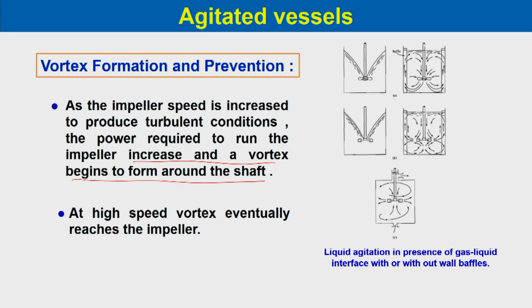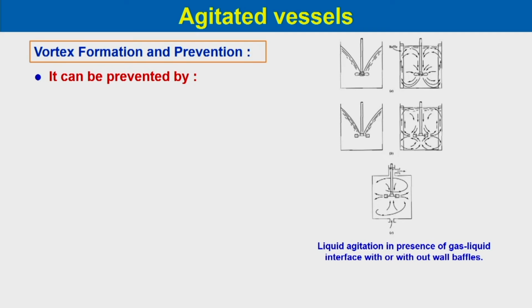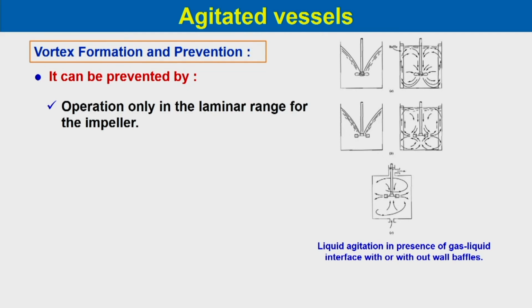As the high speed vortex eventually reaches the impeller, it can be prevented in different ways. One of them is operation only in the laminar range for the impeller, but if we run the impeller in the laminar range, then although it will not create the vortex, the intimate mixing between the gas and liquid will not be enhanced much.